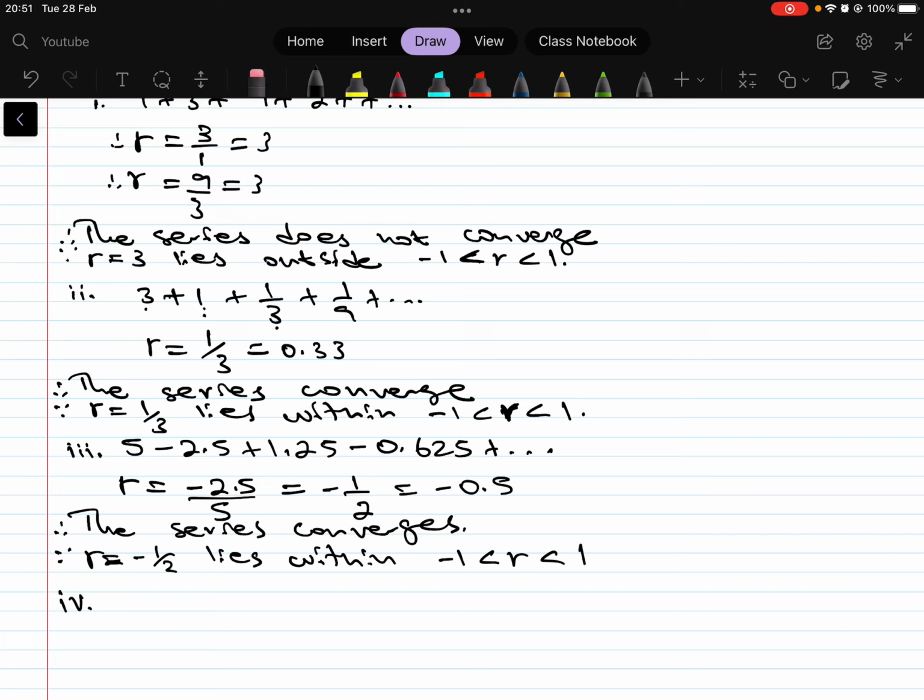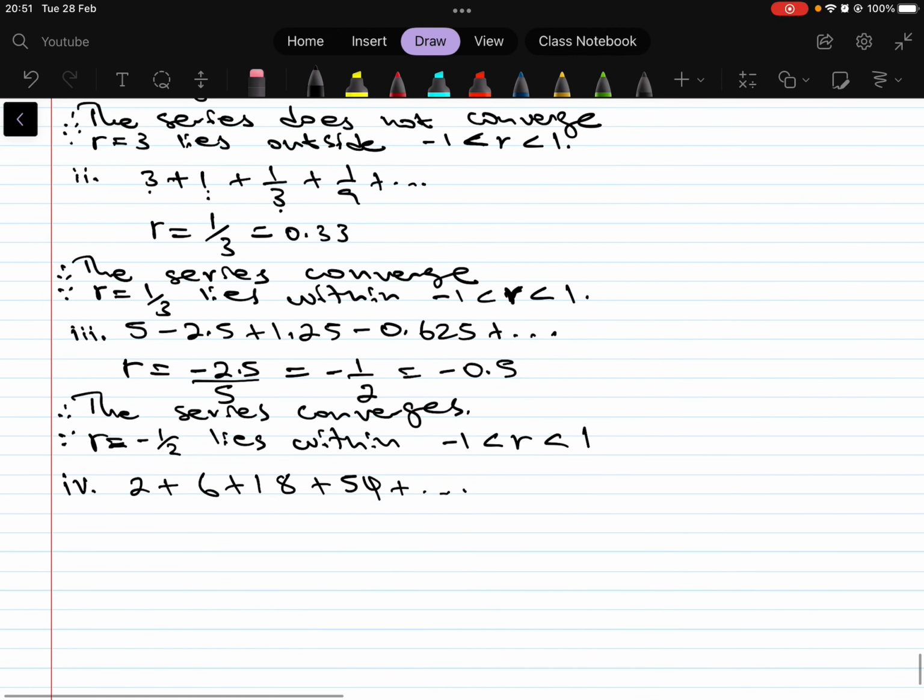Moving on, you have another example where you are given the series 2, 6, 18, 54. That's another series. Does it converge or not? You still just calculate your R, which is 6 over 2. It's a geometric series, it's given, so you don't need to prove that.